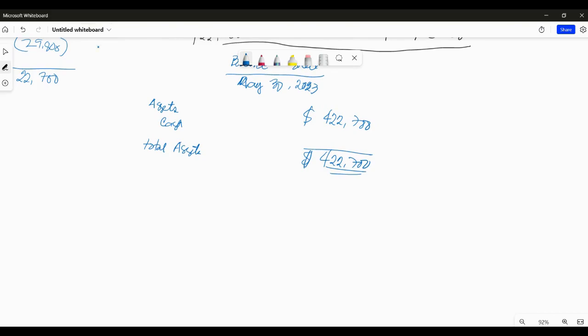And now we'll be preparing our liabilities here. We have loans payable of 300,000 and owner's equity.